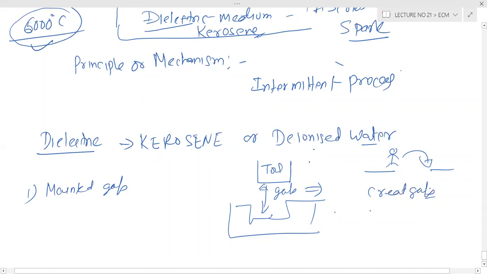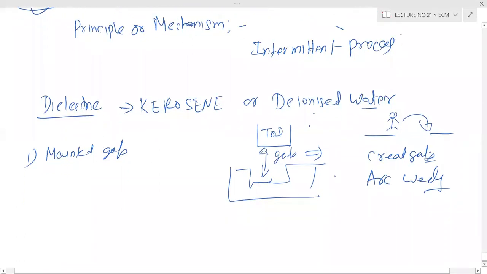In arc welding, when we were teaching it, there was the arc column, arc space. At that time we'll discuss in detail how an arc is generated. So, maintain a gap. And second, it cools.